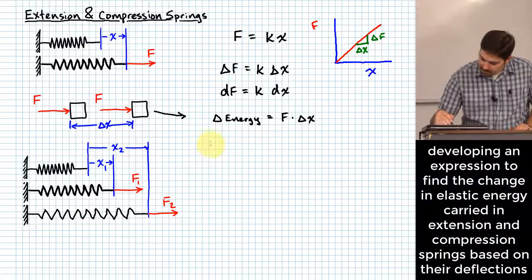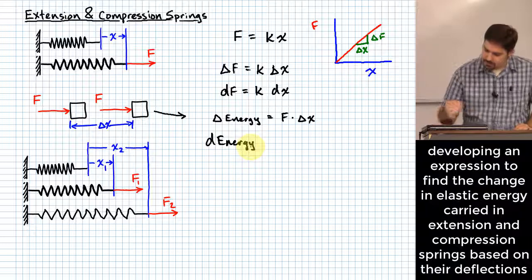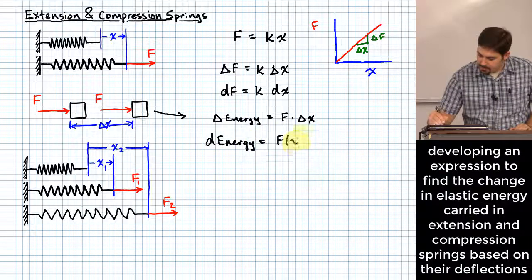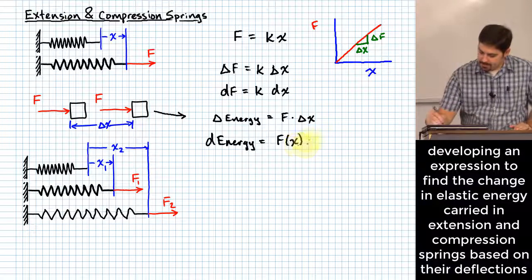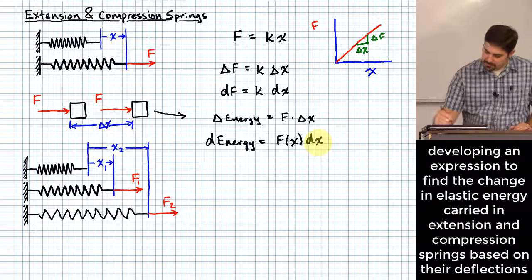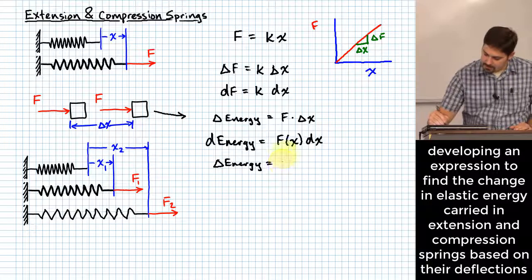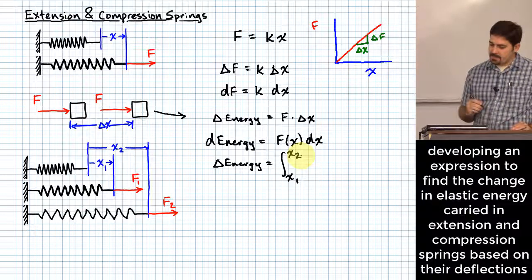Well, with that, we can say that the little differential change in the amount of energy that we have there is going to be equal to whatever your F value is at a particular X coordinate, dx. And with that, we can actually figure out that the change in energy is going to be equal to an integral from x1 to x2 of f of x dx.